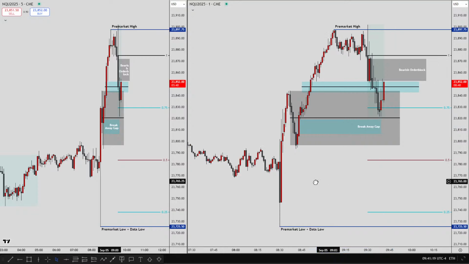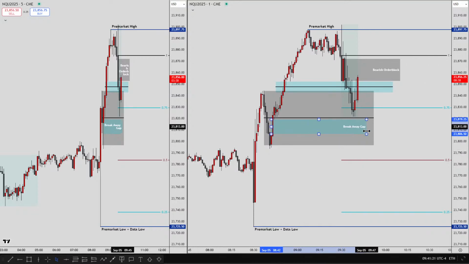I'll leave it white. So leaving this gap open is really nice because it shows an unwillingness to even trade below that. So if we can invert this bearish order block, I like a trade higher.